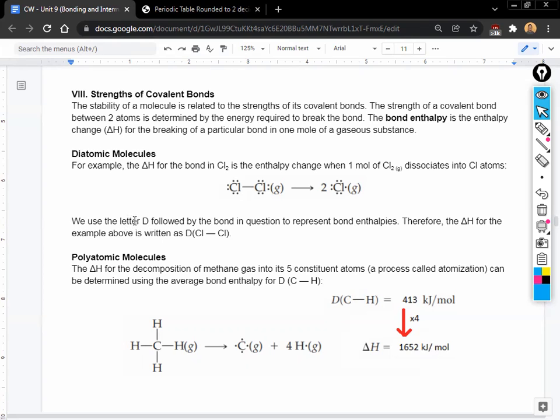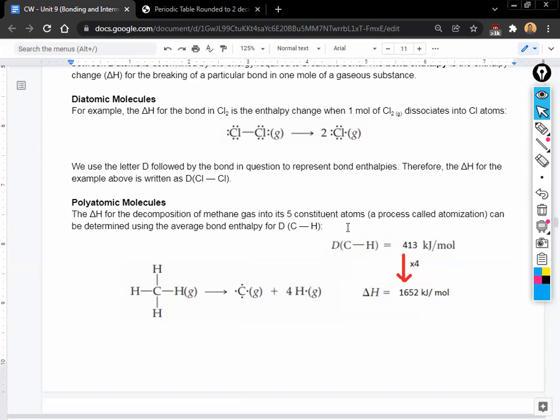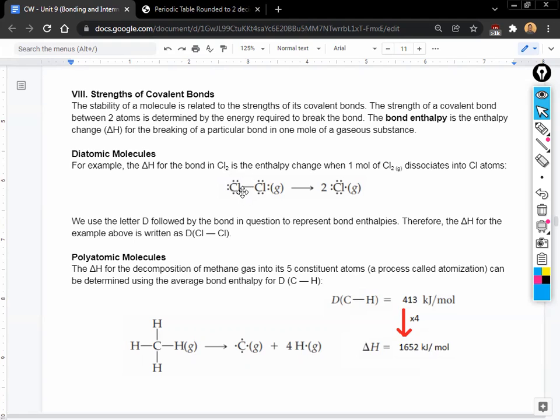Okay. Now we use the letter D and the bond that we're looking at to represent the bond enthalpy. So if we're looking at this Cl2 molecule right here, and we want to break it into 2 separate Cl atoms, we're trying to look at the strength of this bond right here, between the 2 Cls.